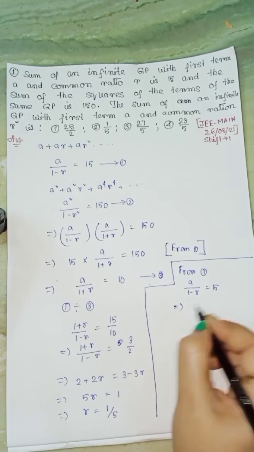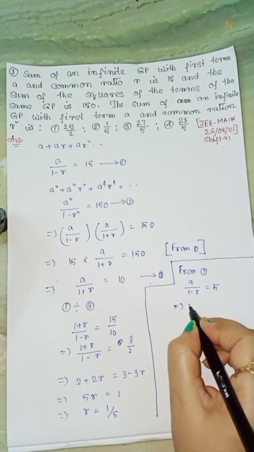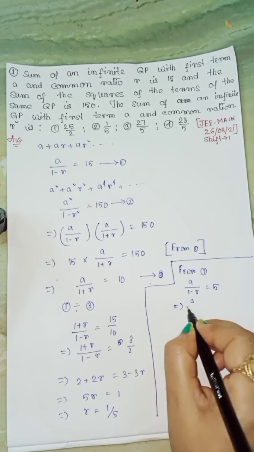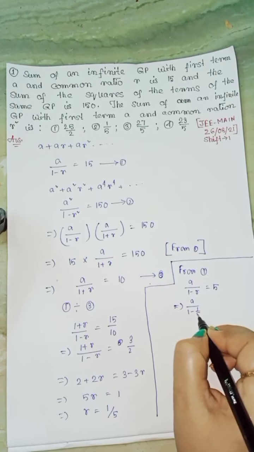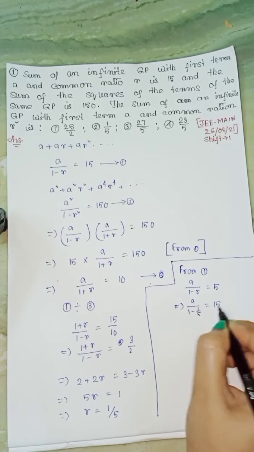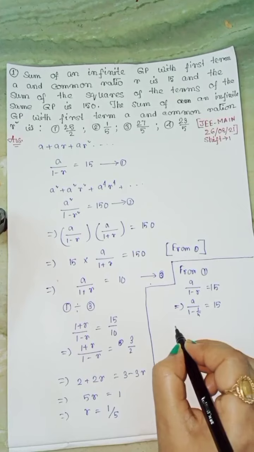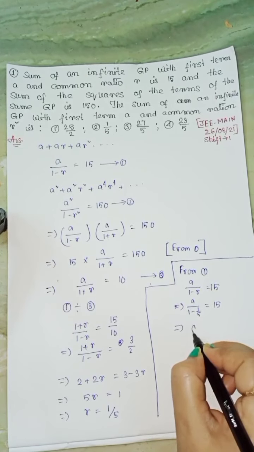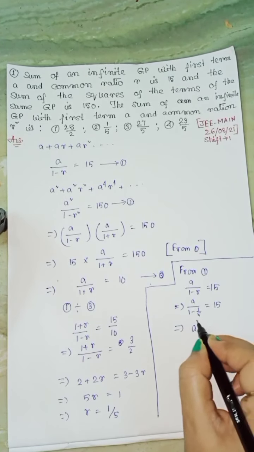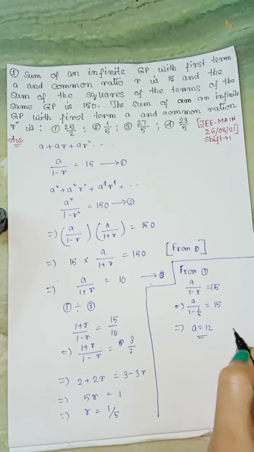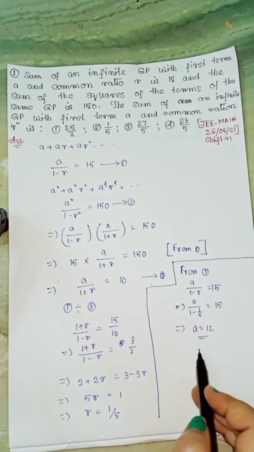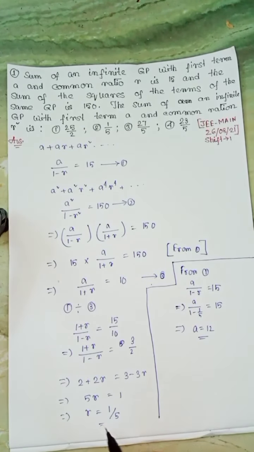Putting the value R equal to 1 by 5, A by 1 minus 1 by 5 is equal to 15, and that implies A is equal to 12. So we calculated the values of A and R.